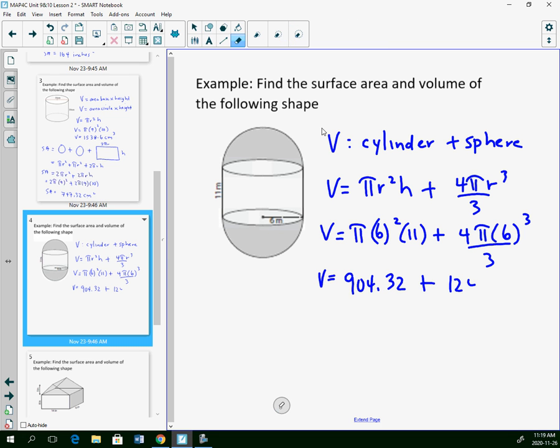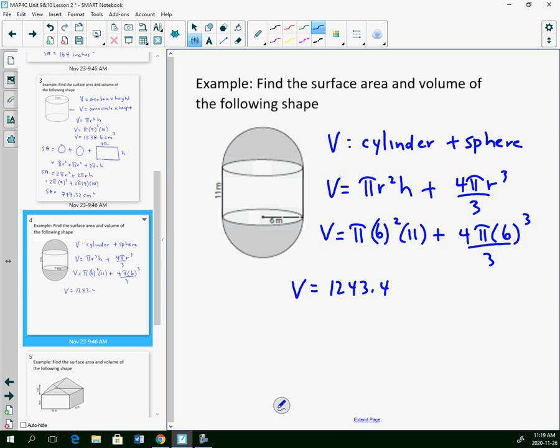So the total volume is 2147.76, and the dimensions are in meters cubed. Okay, so you've got the volume of a cylinder plus the volume of a sphere.